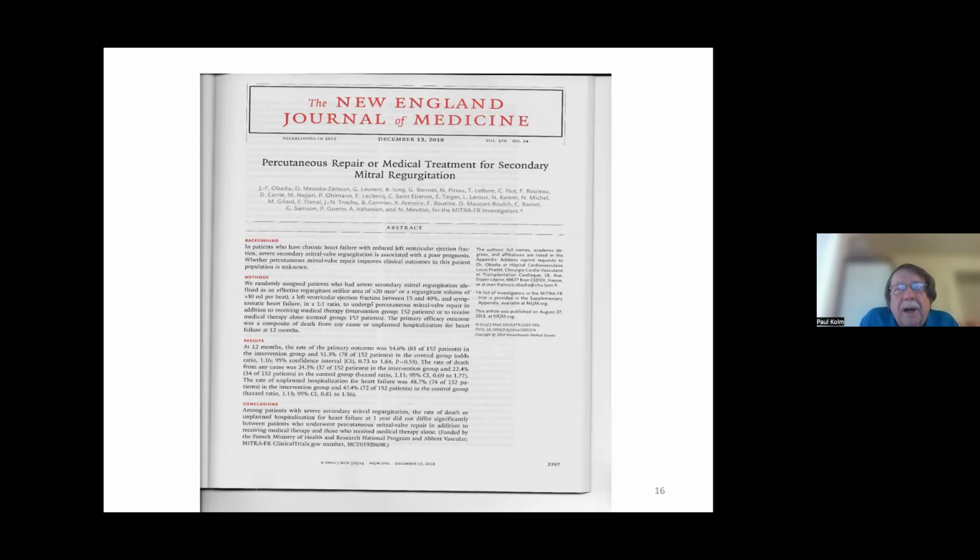They do state this in terms of a logistic regression issue, they would be looking at the outcome of being yes or no. In this case, their outcome is either death or an unplanned hospitalization for heart failure at 12 months.